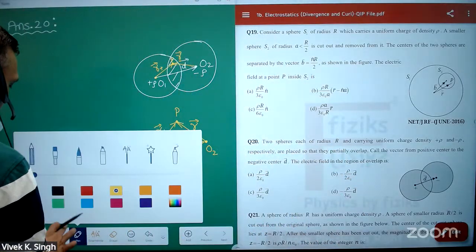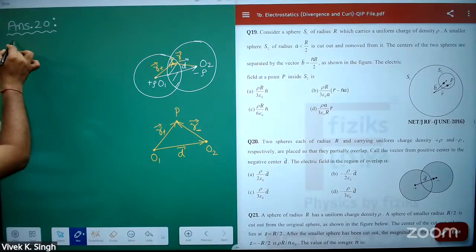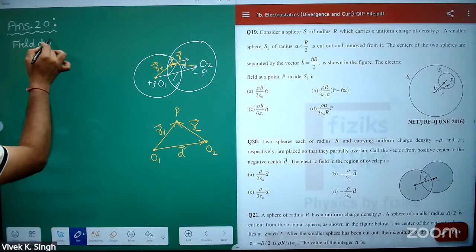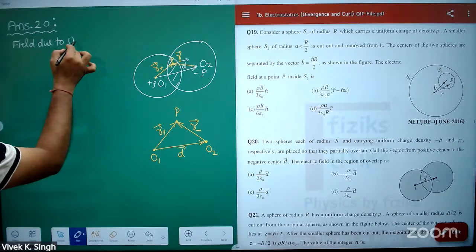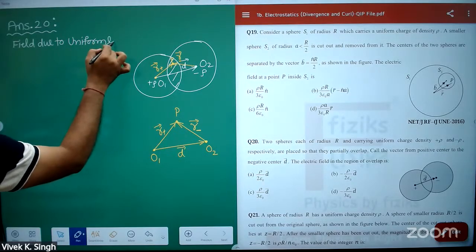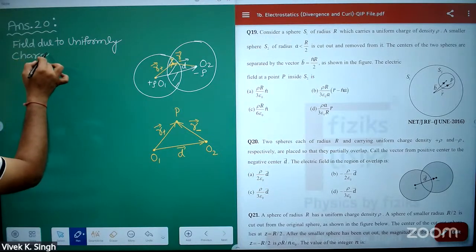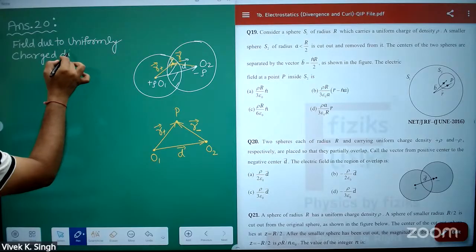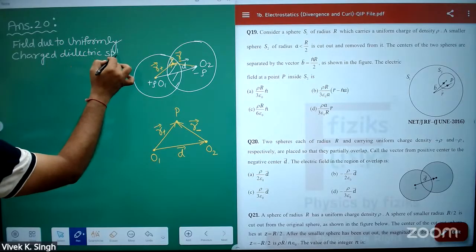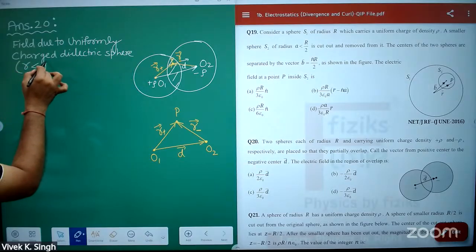So now we know the field due to a uniformly charged dielectric sphere, inside.